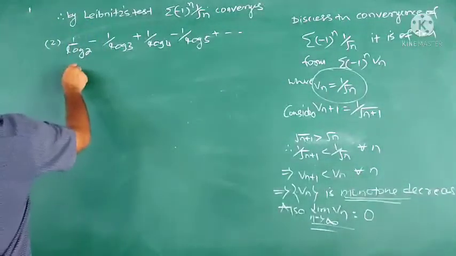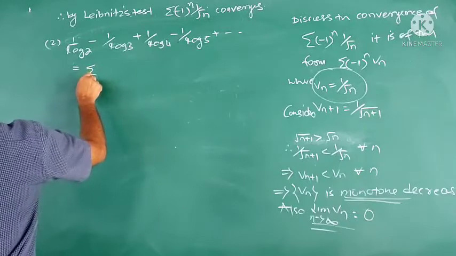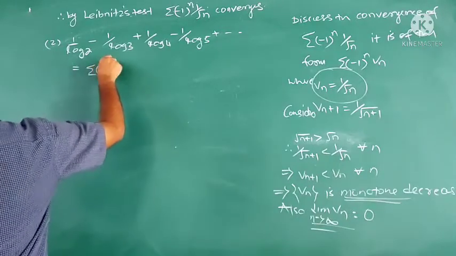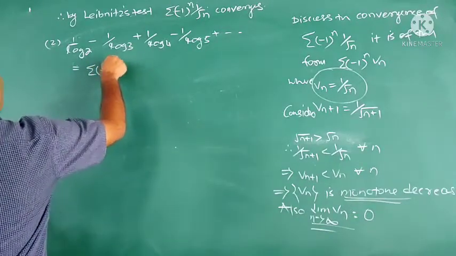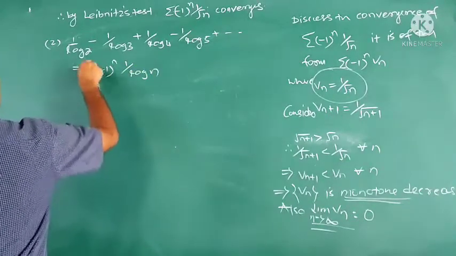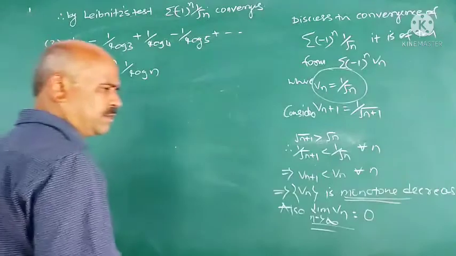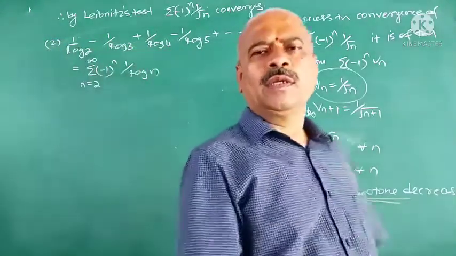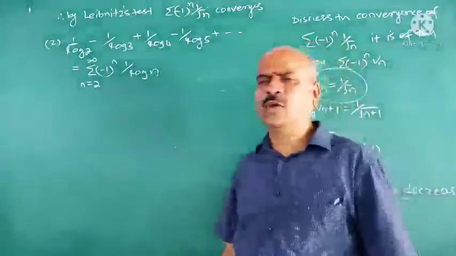Now I write this as sigma from n equal to 2 to infinity of minus 1 raised to n times 1 upon log n. First we write the series in this form.